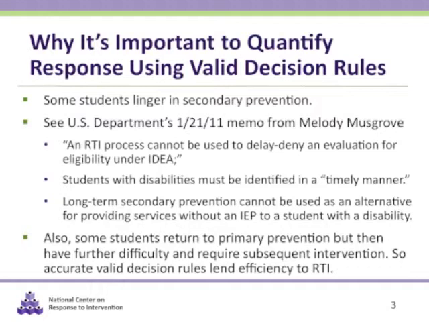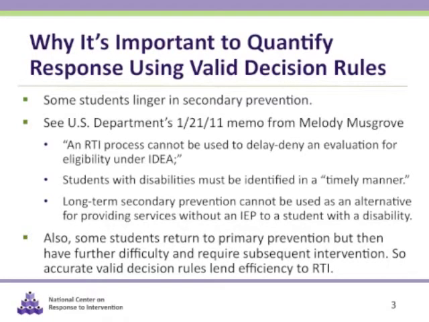In that memo, Melody Musgrove stated that an RTI process cannot be used to delay or deny an evaluation for eligibility under IDEA. She spoke about how students with disabilities must be identified in a timely manner. And the thrust of the memo was that long-term secondary prevention cannot be used as an alternative for providing services without an IEP to a student with a disability.